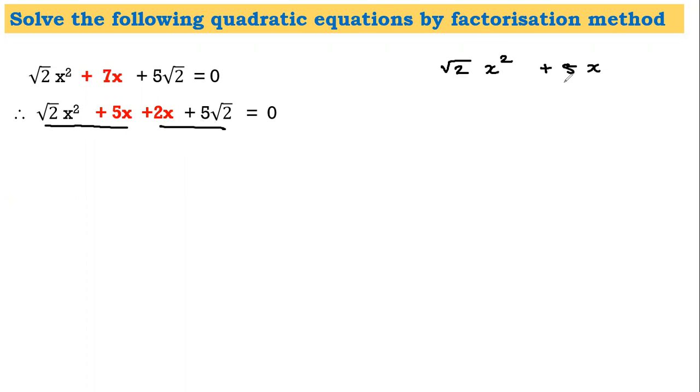I need to check, do I have 2 here? No. So root 2 will be as it is. X square will be x into x. Now this is 5. If it would have been 2, I would have reduced it further. But if it is 5, it's no use reducing it because only x would be common. What remains is root 2x plus 5.